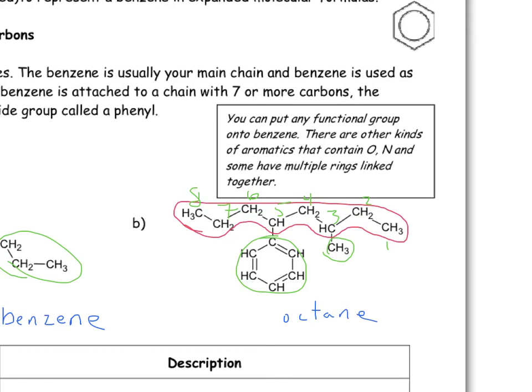Now methyl comes before phenyl in the alphabet, so I'm going to do my phenyl first. It is on carbon number 5, and then at the beginning of my name I'm going to have a methyl on carbon number 3. So my name is 3-methyl-5-phenyl-octane.